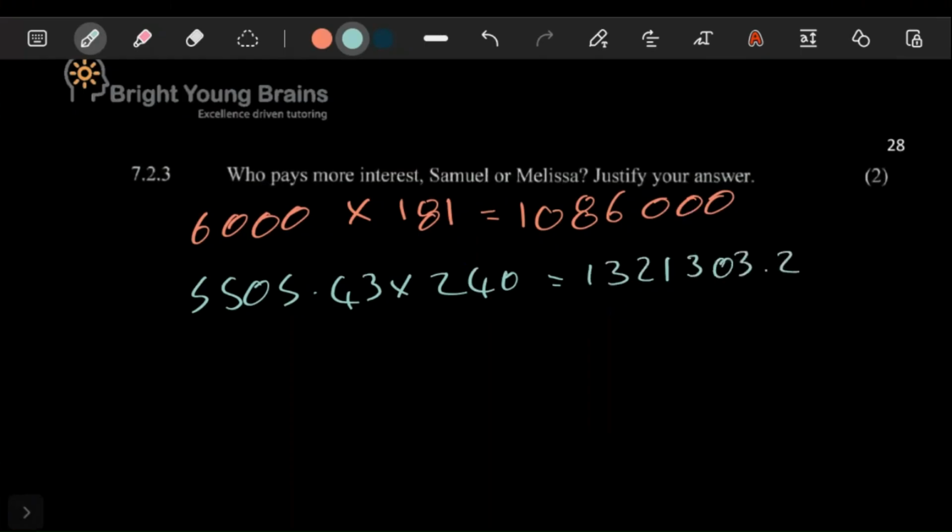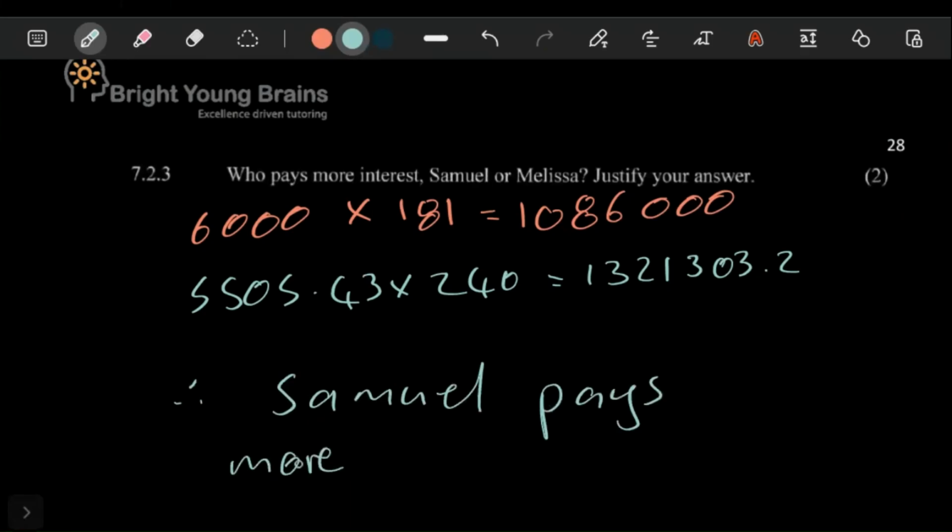So here we can see that Melissa paid less interest because they both took out a loan of 500 only. So the question asks who pays more interest. Samuel pays more interest. Therefore, Samuel pays more interest.